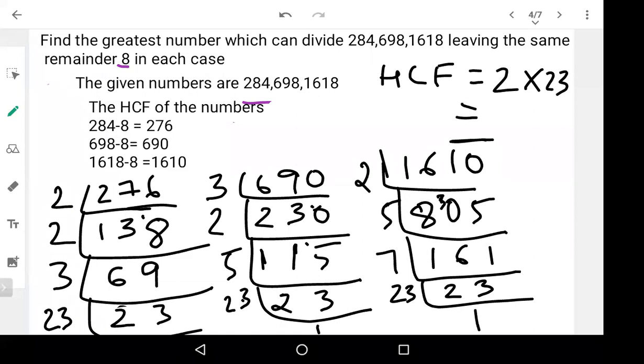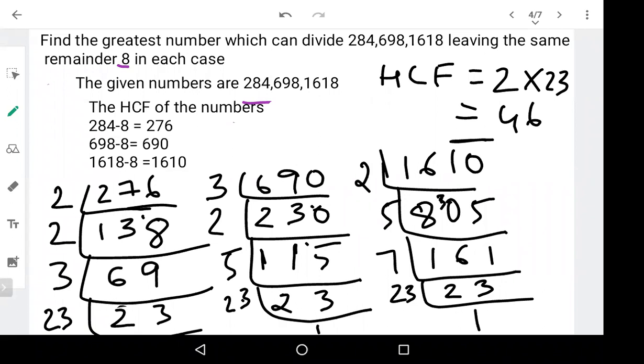So how much do I get? 2 into 23. I get 46. Correct?